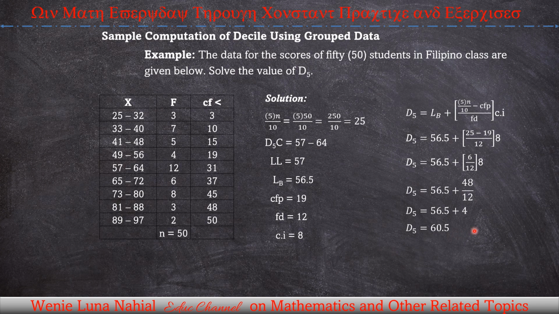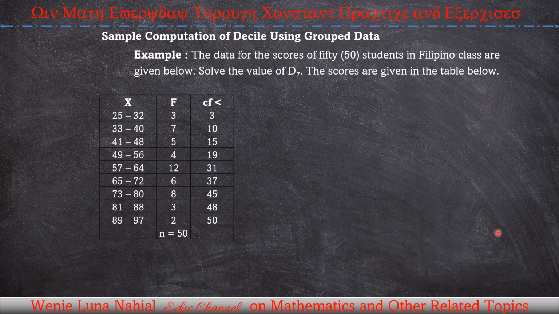Okay, 60.5. That is our D5 or the fifth decile. So this means that 50% of the scores of the students are less than 60.5. So that's the interpretation.